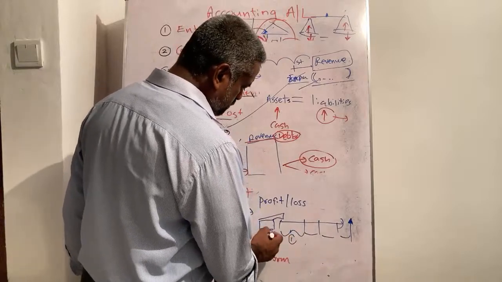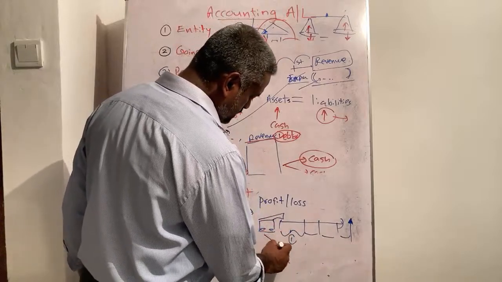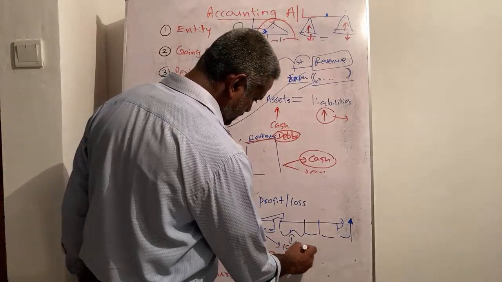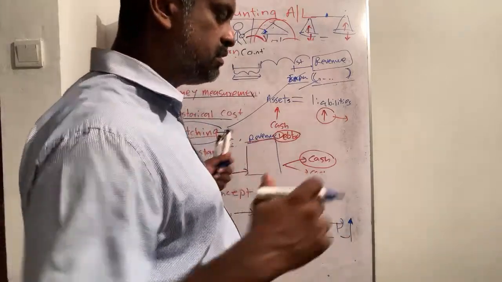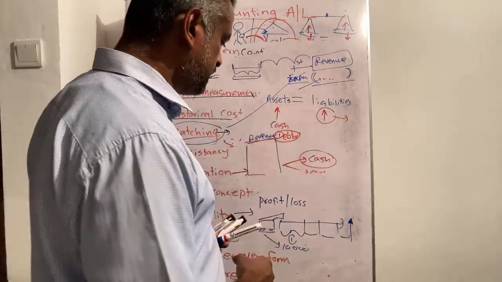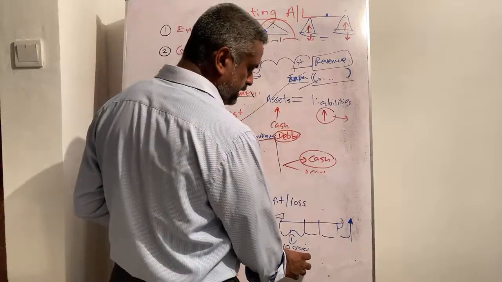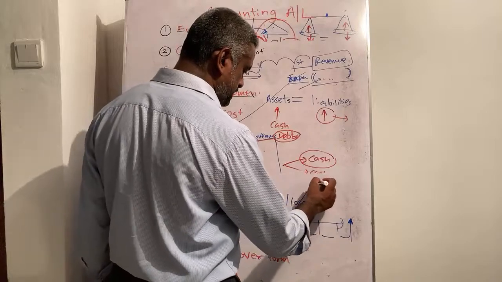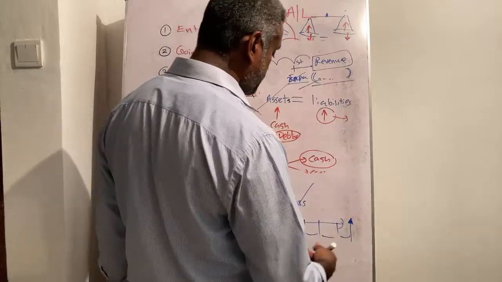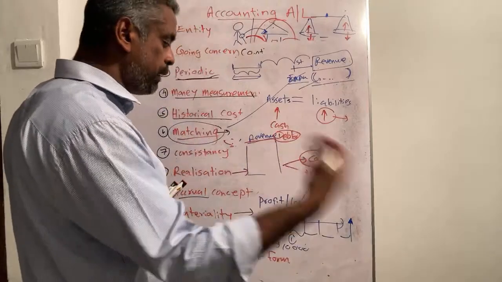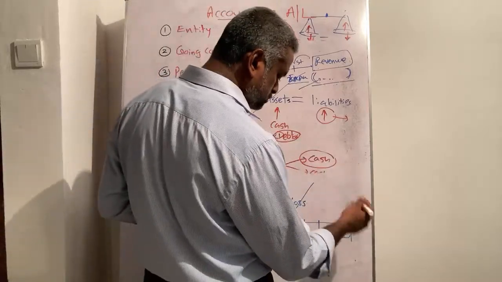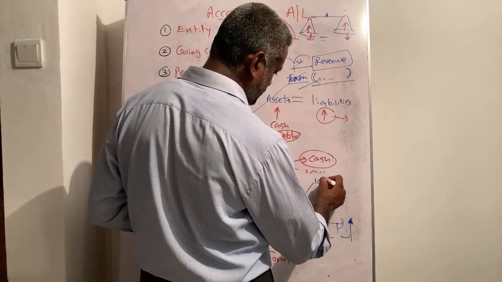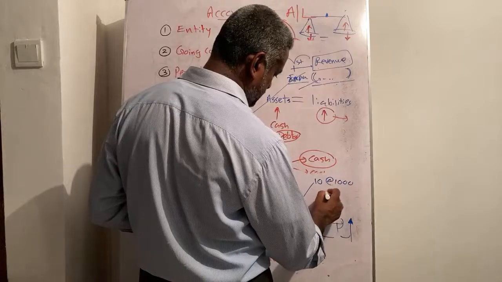Then what will happen? Now you have spent 10,000 for this puncher. Let's say 10,000, it's a very strong one. But the entire 10,000 you cannot deduct from your first year revenue generation. First year revenue generation from the students who have paid for classes: 10 students at 1,000, that is 10,000 rupees.